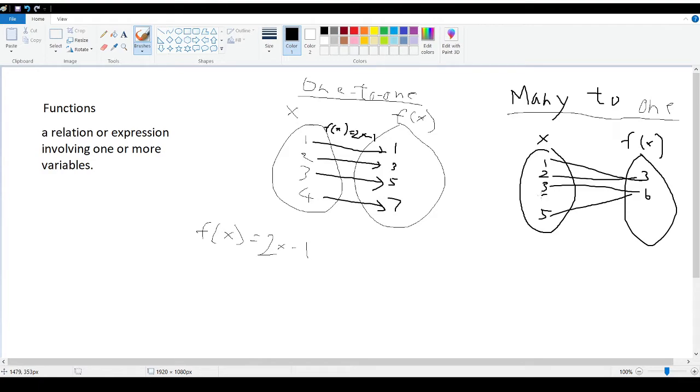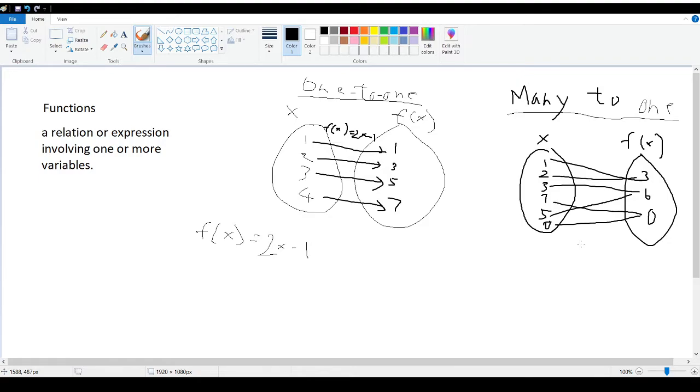And then for the other two, if you input them, both the results are going to be 0. So this is many-to-one: when you input two or more values, they equal one result.